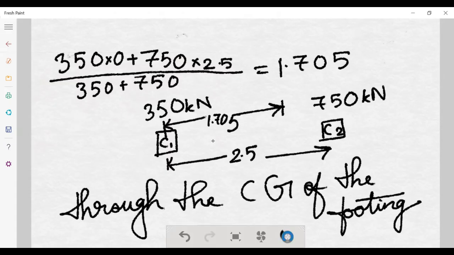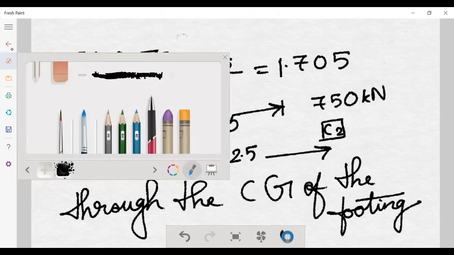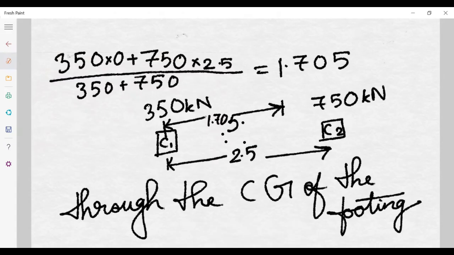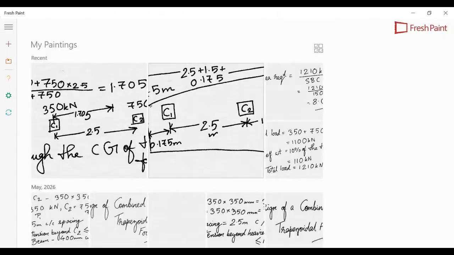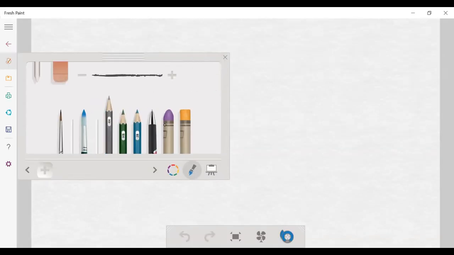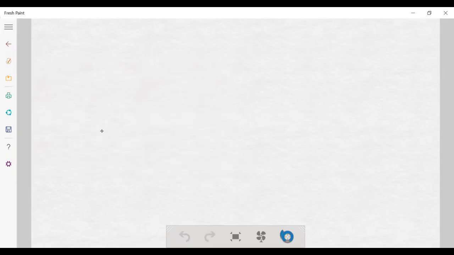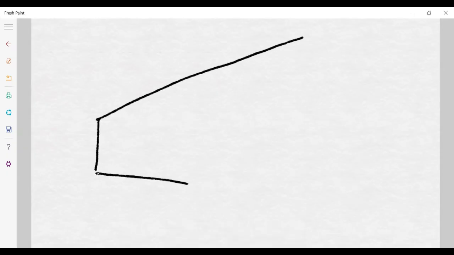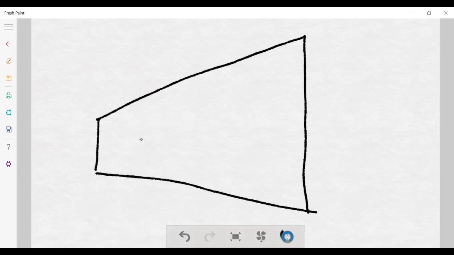Now let me draw the combined trapezoidal footing again, this time in a little more detail. It's like this, then C1, then C2.